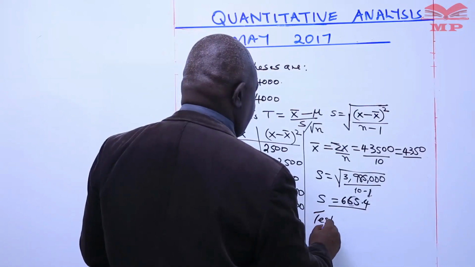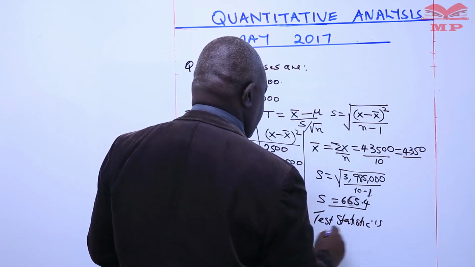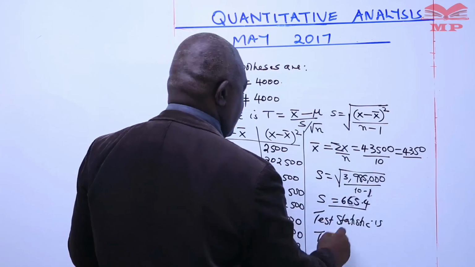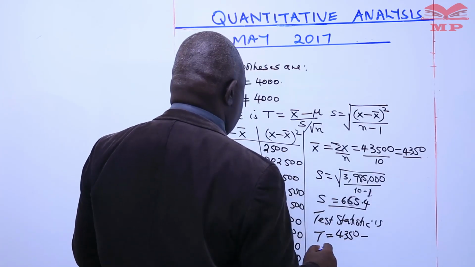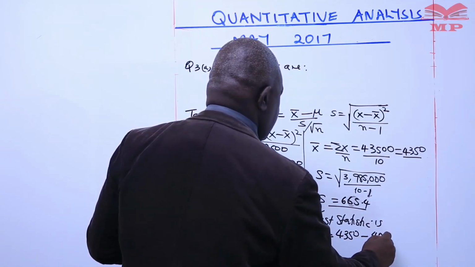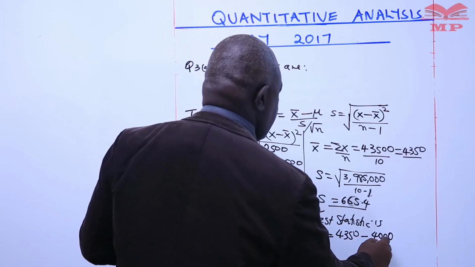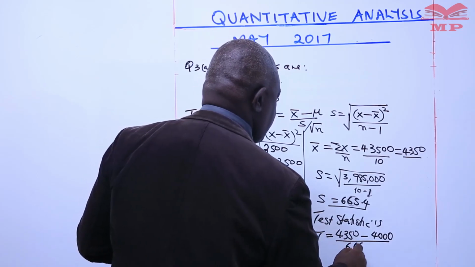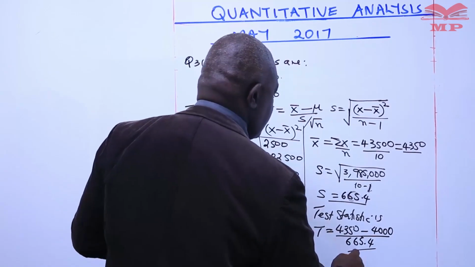The test statistic here is T equals the mean, 4350, minus the population mean, which was 4,000, all over 665.4 over root of 10.